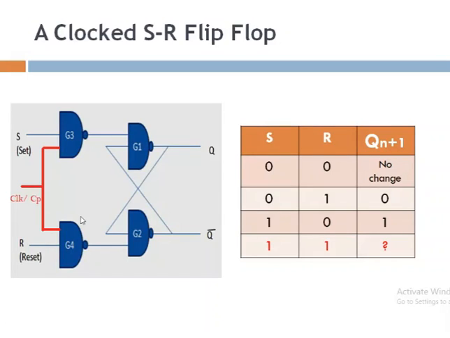So here we are considering another input, that is a clock signal. The same clock signal is used for G3 and G4. That's why the name suggests clock SR flip flop. So the truth table is the same. If you compare the previous SR flip flop and this one, the only additional part is the clock pulse.